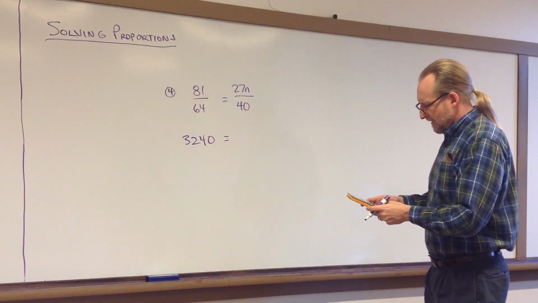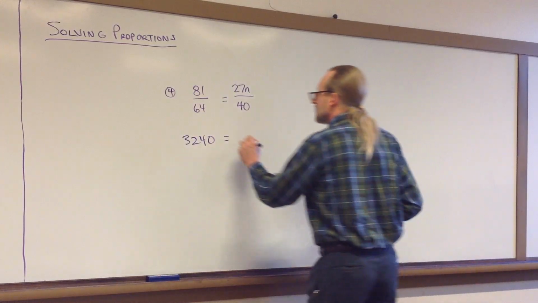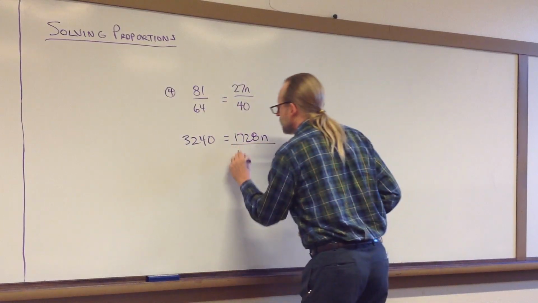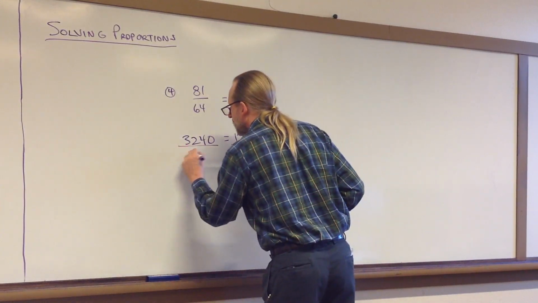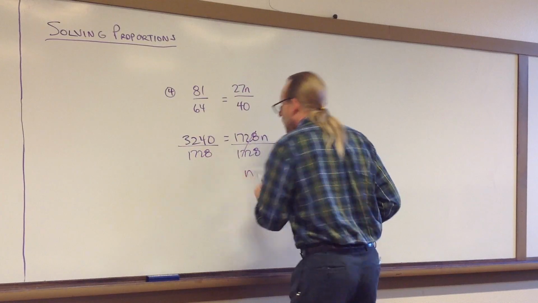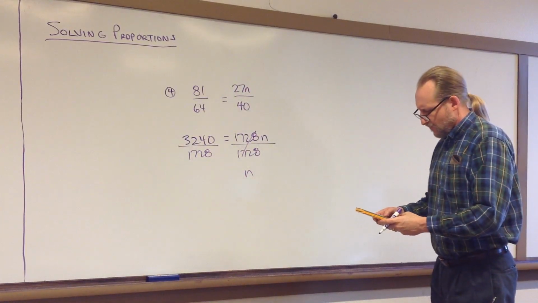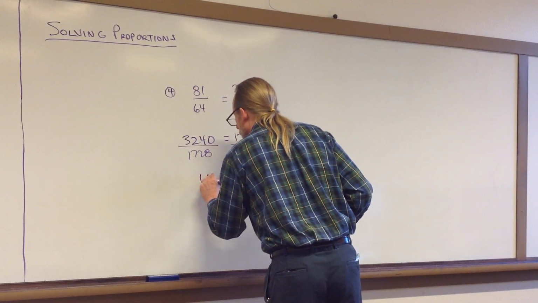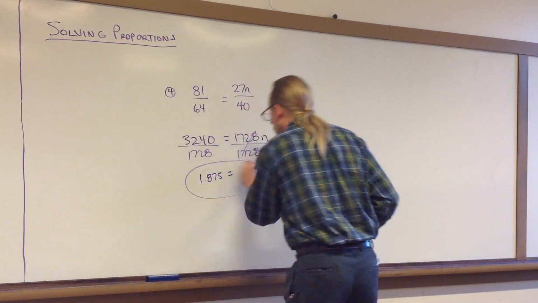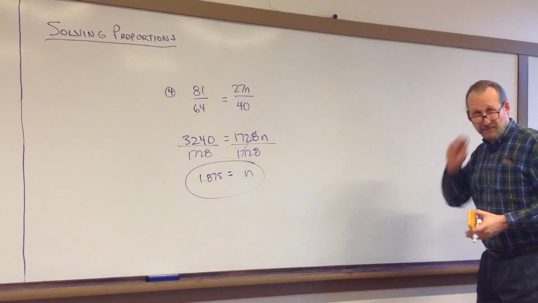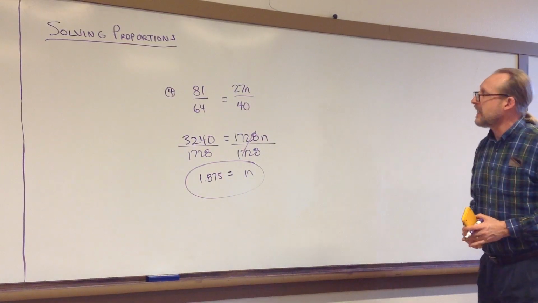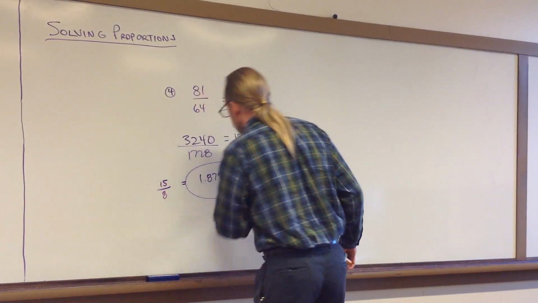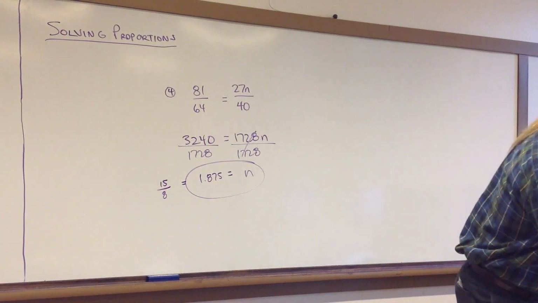And then over here, 27 times 64, 1,728n. And then we've got to divide on both sides by this 1,728. And so what are we going to get here? 3,240 divided by 1,728, 1.875. If you like fractions, I think that's going to be 1 7/8 or 15/8. But there's nothing wrong with 1.875.